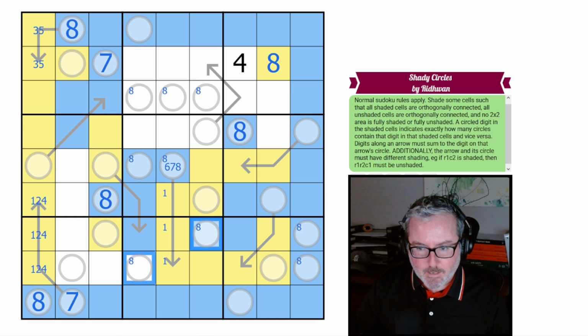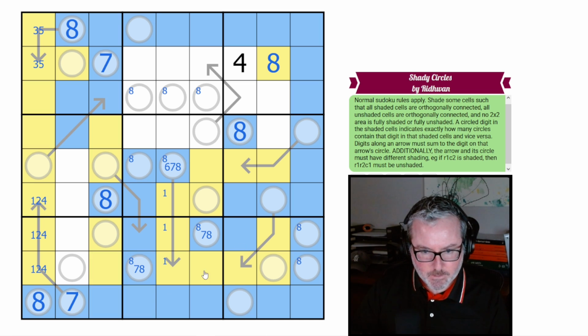We can't rule that out as a 7 yet, so let's not do that. Okay, this is a 7-8 pairing now. Therefore, this is blue. This is yellow to avoid the 2x2. Good. So I'll leave that there for now. What further can we say?